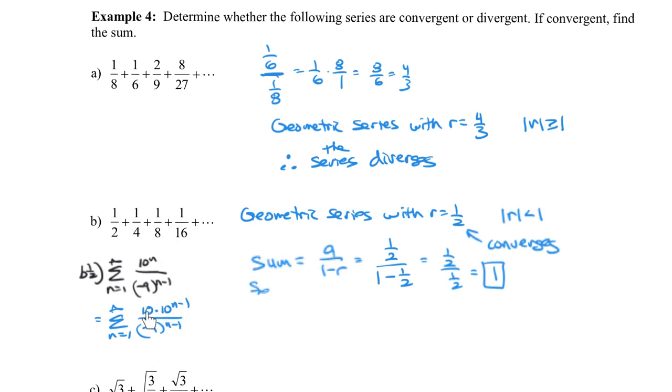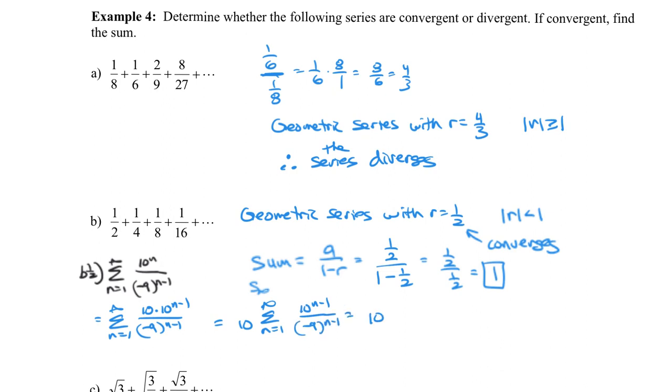So I multiply these together, I'd have to add the powers, so I get 1 plus n minus 1, which would just be n. So I'm basically just peeling a 10 off so that these will be to the same power. And this 10 is just a constant, so I could even move it out front, in front of the summation symbol. This gives us 10 times the summation as n goes from 1 to infinity of 10 to the n minus 1 over negative 9 to the n minus 1.